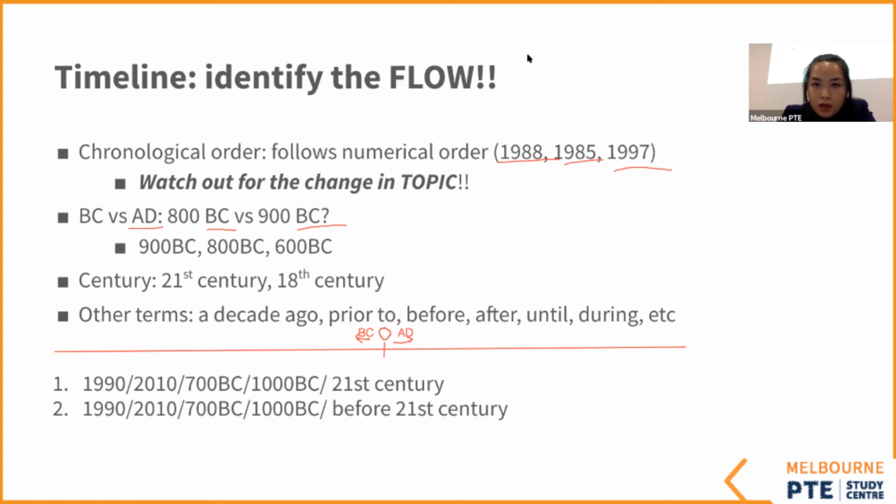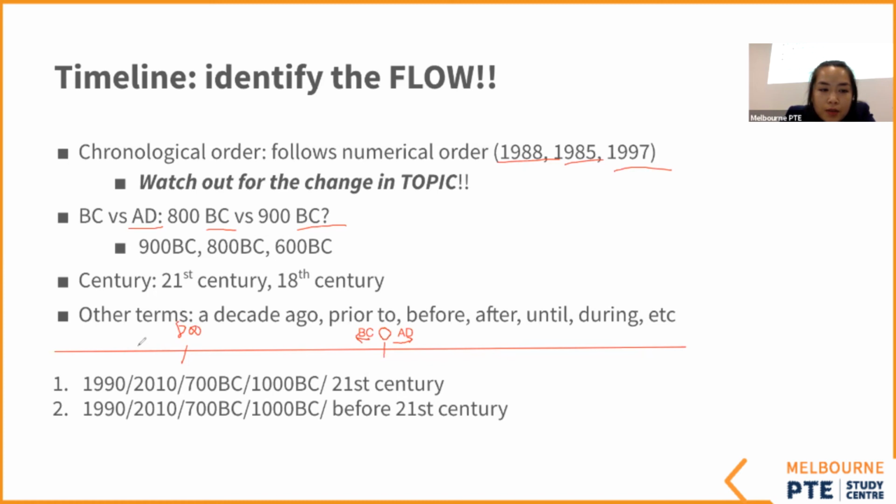Okay. For example, now they say 800 BC and 900 BC. Which one closer to 0? 800. 800 BC, correct. Okay, so 800 BC will be here.